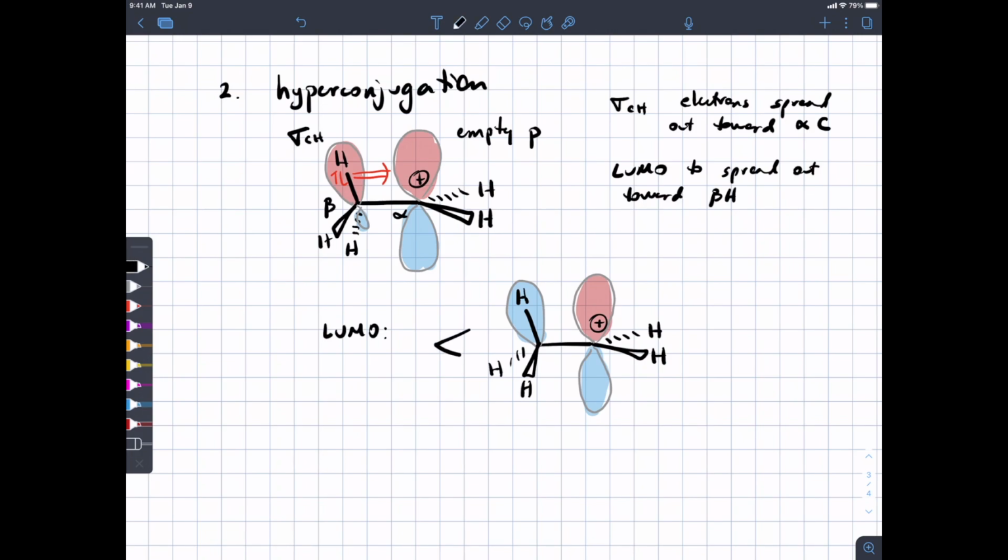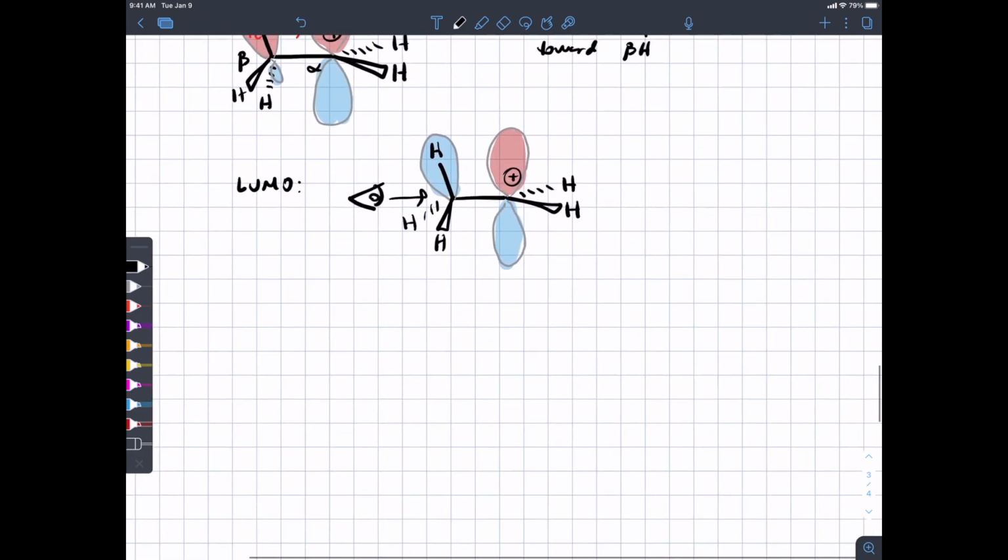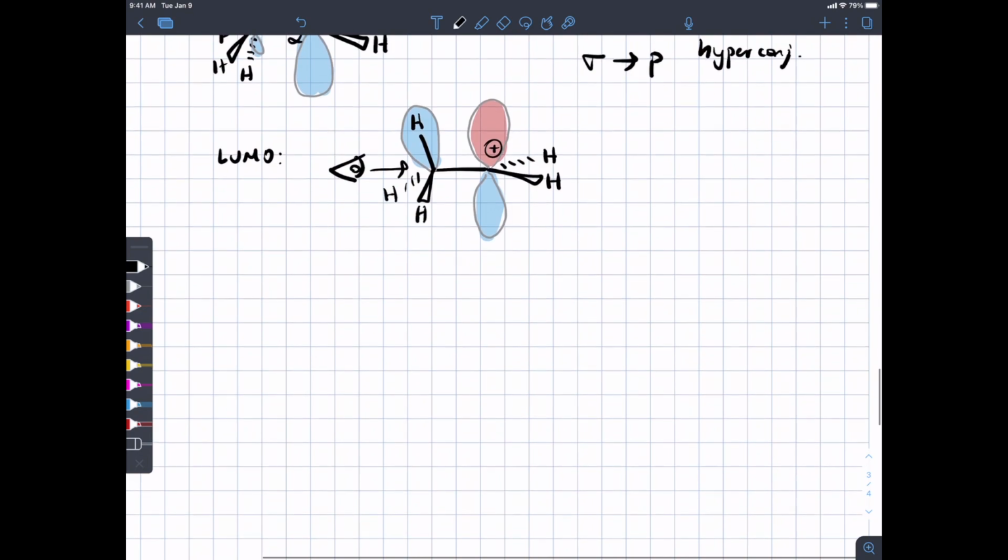I just want to emphasize this point that in order for hyperconjugation to occur, sigma to p hyperconjugation, the filled orbital has to be able to line up with the empty orbital. So if we were to look from the side at this molecule, look down the methyl group, and then the carbon in the back is the carbocation that's trigonal planar.